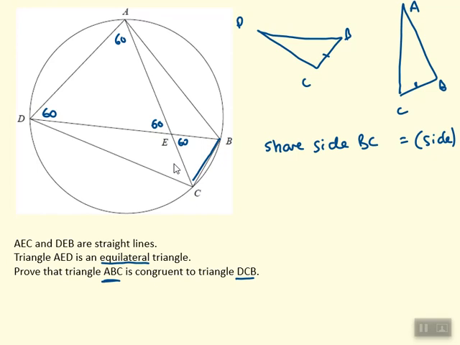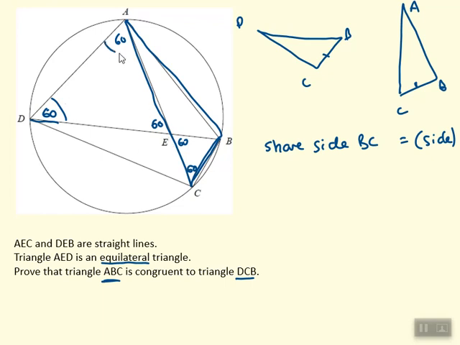And what else do we know? Okay, this angle here is also 60 degrees. Because this angle is 60 here, can you see this chord here? And then this angle comes from the same chord, so those two are both 60.